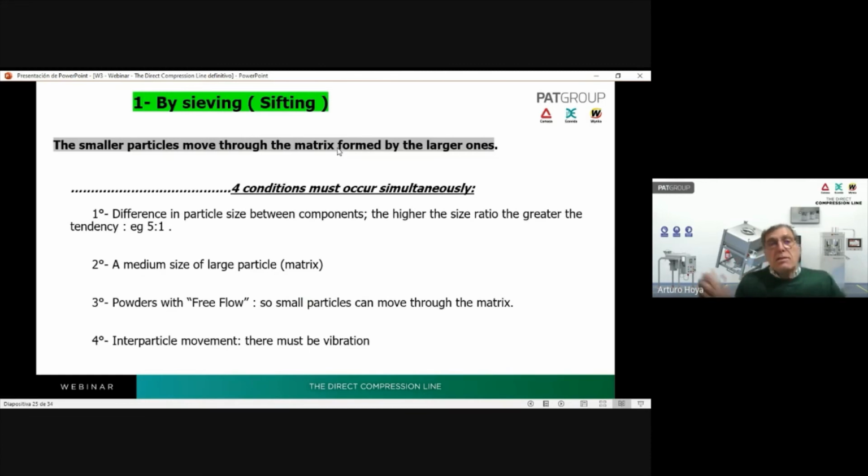It's so simple. So, fourth condition, interparticle movement. Interparticle movement needs vibration. So if you put a tank, a container with the powder, and it's static, no vibration, nothing occurs.